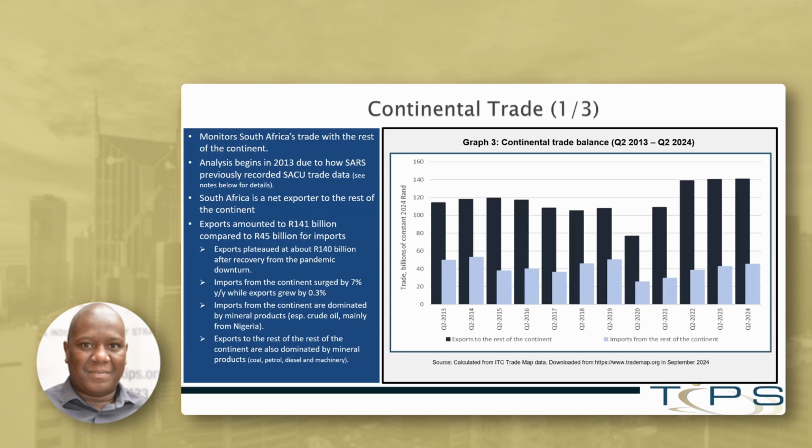Imports from the continent surged by 7% year on year, while exports grew by 0.3%. Imports from the continent are dominated by mineral products, especially crude oil, which mainly originates from Nigeria. Exports to the rest of the continent are also dominated by mineral products, which includes coal, petrol, diesel, as well as machinery.